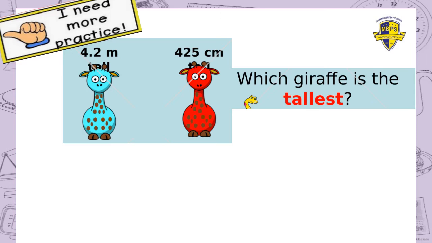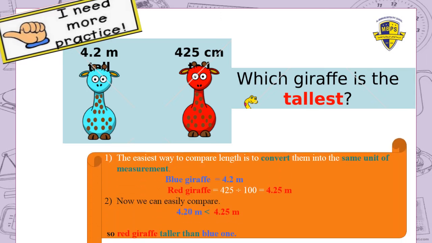The second one is 425 centimeters. So here we have one in meters, one in centimeters. Before I start to compare, can you remind me what I have to do here? Excellent, we have to make the units the same.